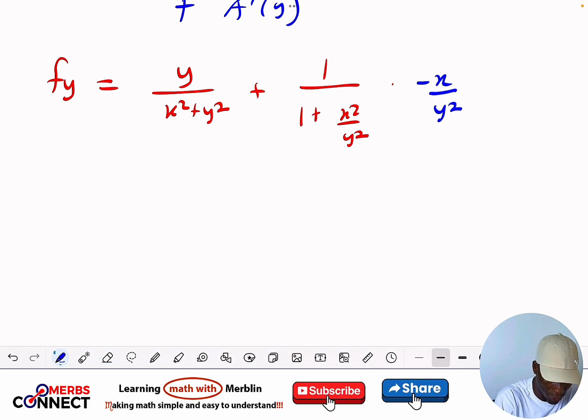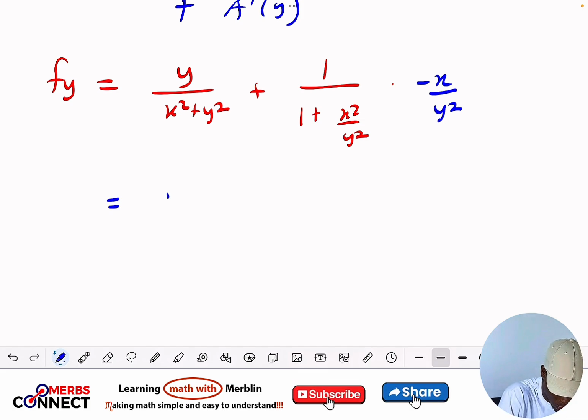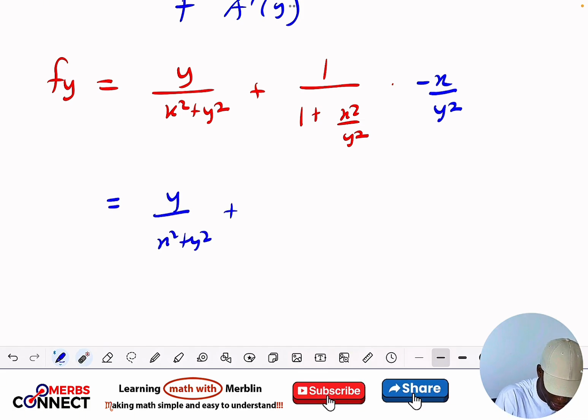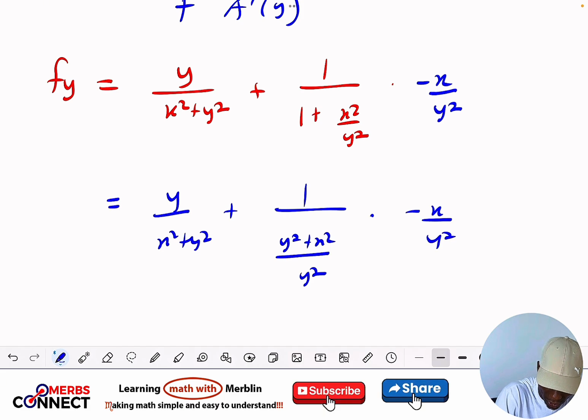Now let's see what we can do here. Now this is going to give us something like this: y divided by x squared plus y squared plus, now I can simplify this to get 1 divided by y squared plus x squared divided by y squared times minus x divided by y squared.